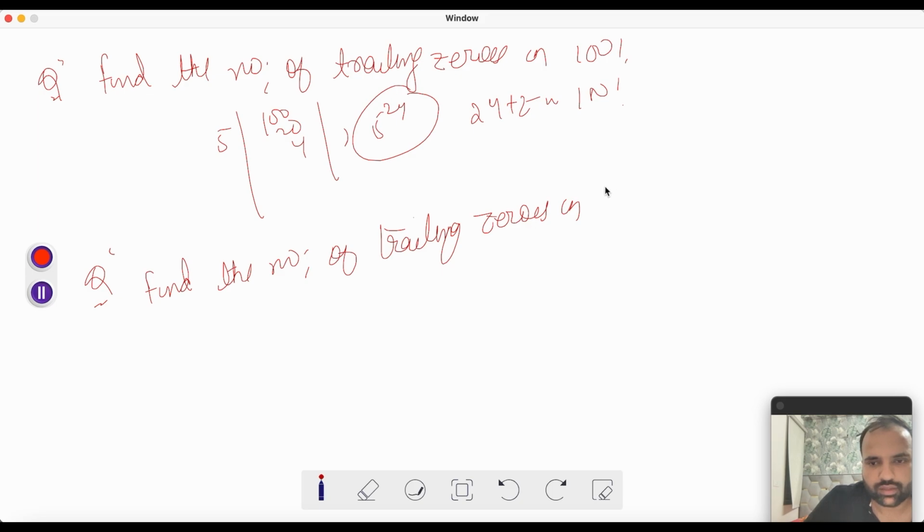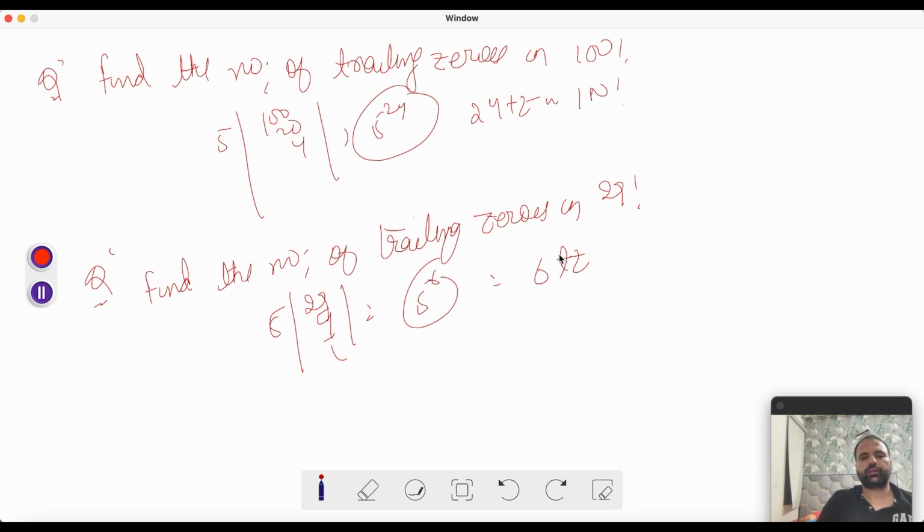You can say 29 factorial. Generally 29 is not a multiple of 5, still you can calculate. So you have 4 zeros, no, I'm sorry, you have 5 zeros, 25, and then 6. So you have 6 trailing zeros in 29 factorial.